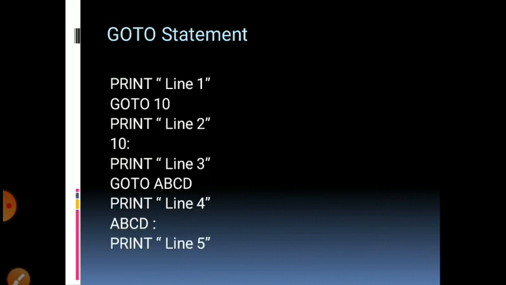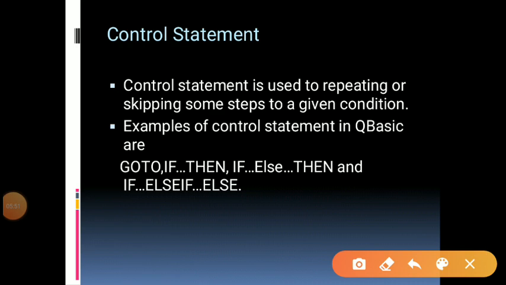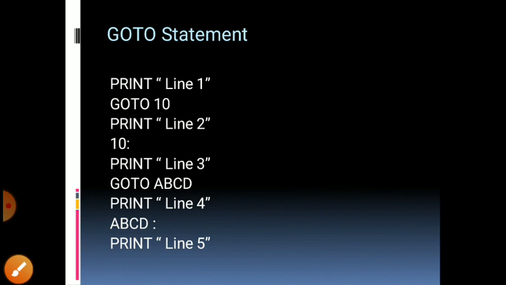Now let's start with the GOTO statement. The GOTO statement is used to shift the control of the program to a desired command with a special label. Look at this program carefully.